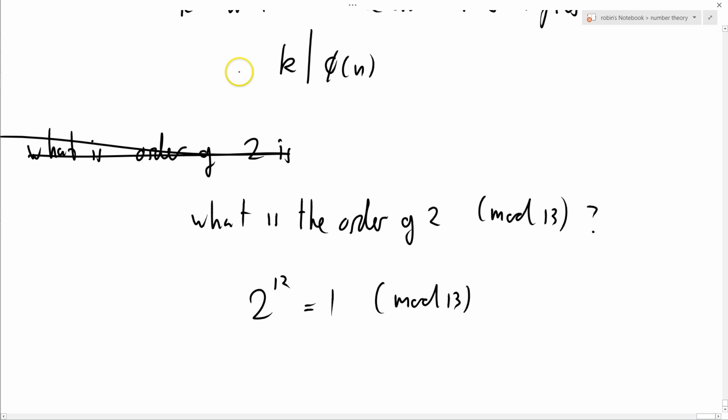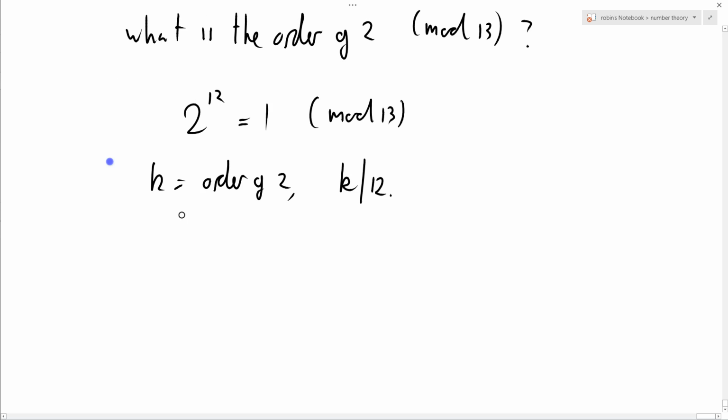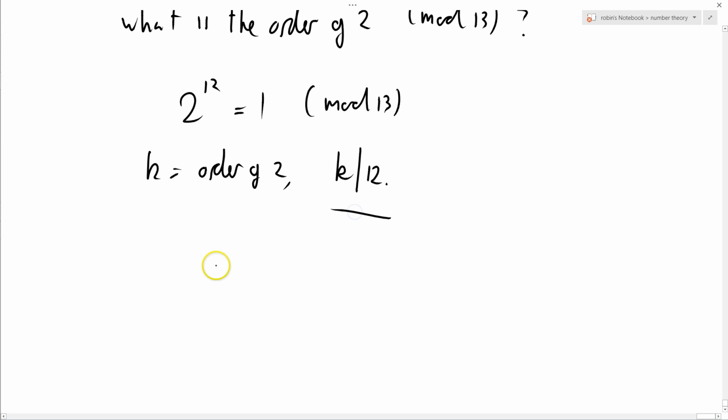And by this theorem here, we know that k, the order of 2, divides 12. So k must be equal to, well, it can't be 1, so it is one of 2, 3, 4, 6 or 12 itself. So this cuts it down quite a lot.